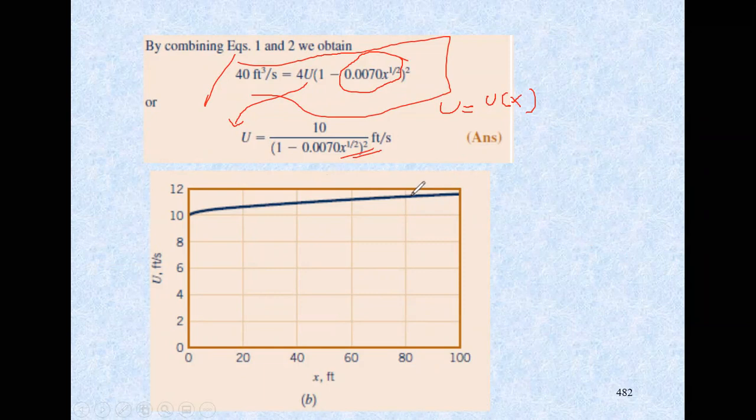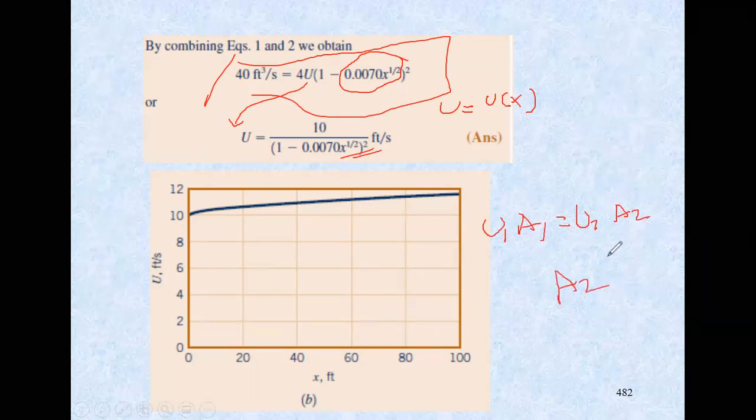Question, is it faster or smaller velocity than the incoming velocity? Faster. It's faster because you have less area. You have the continuity equation u1 times a1 equal to u2 times a2. Since a2 is smaller than a1 because of the displacement thickness, then u2 will increase.